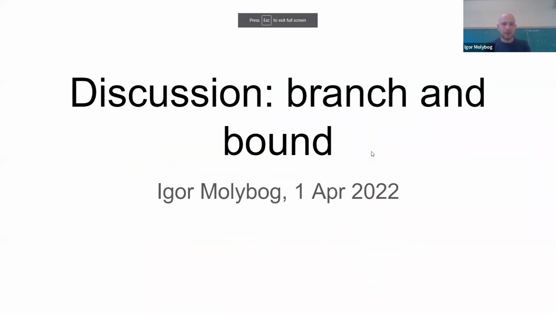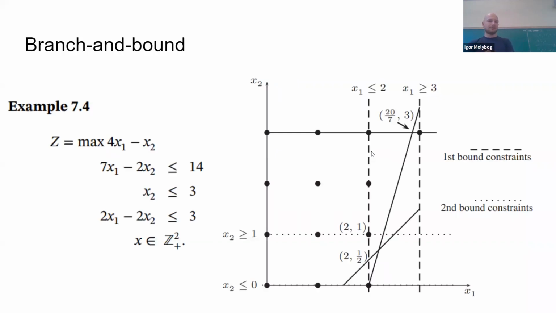Okay, so the branch and bound. Essentially, let's say that we have this problem that is defined over a two-dimensional space. We have three different inequalities on that space, and we have a restriction that both of our variables have to be integral. The set that we are considering is limited by these solid straight lines.